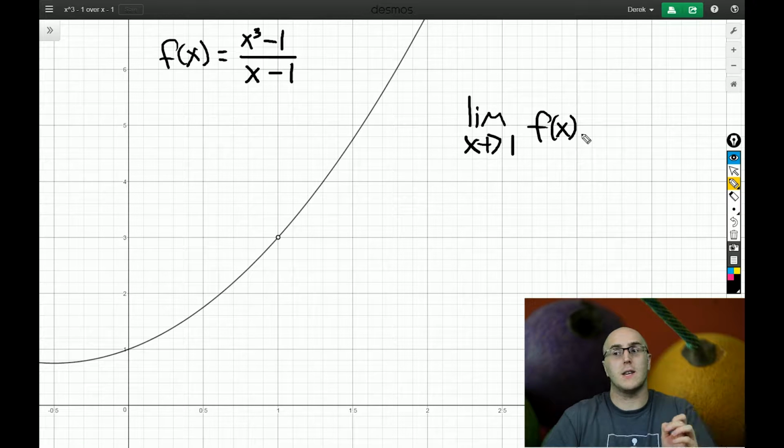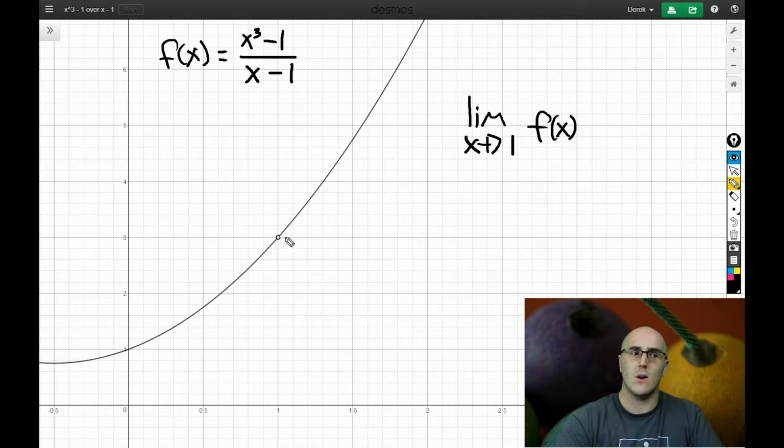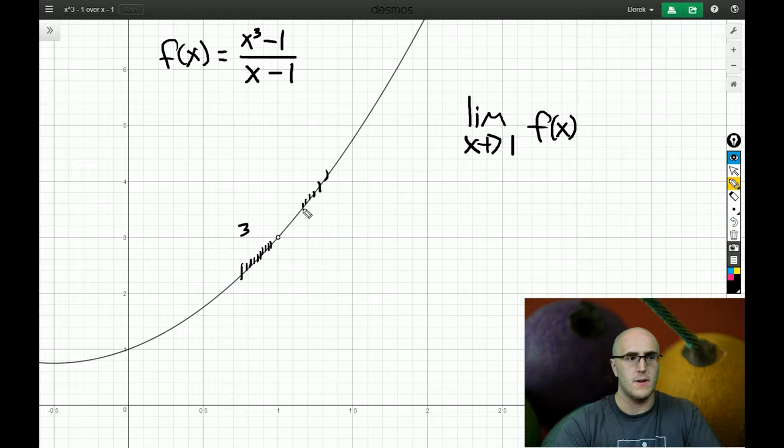But this function actually does have a limit, because while it has a hole here that can't be evaluated, it does approach the same value from both sides. If we pick values here, and we continue to pick values along the x-axis, each time we pick a value, we get closer and closer to the value of 3. And same thing from the other side. As we continue to pick values, we get closer and closer to the value of 3.